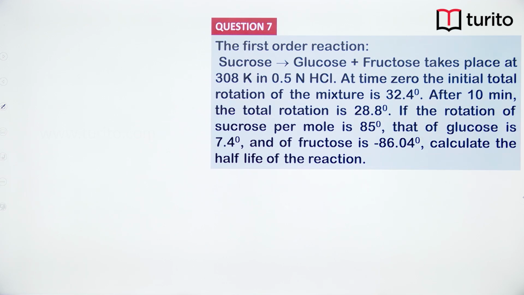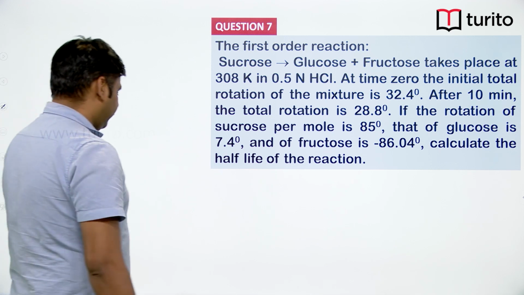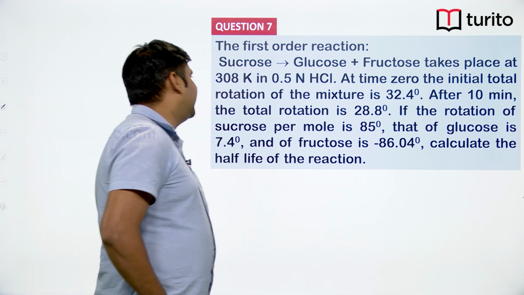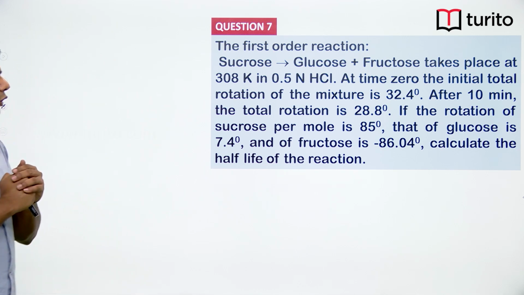Okay, let us look at this question and solve it. We will solve two questions on this now. There is a first order reaction, sucrose changing into glucose and fructose, which takes place at 308 Kelvin in 0.5 normal HCl.